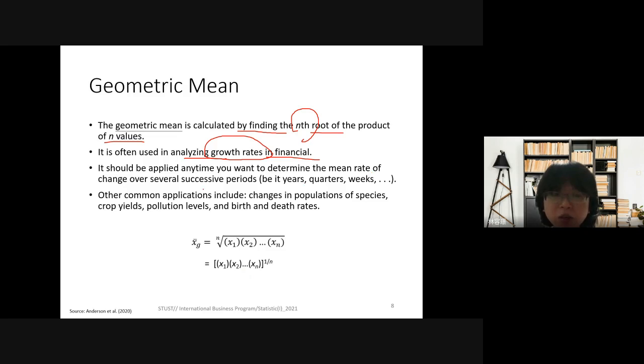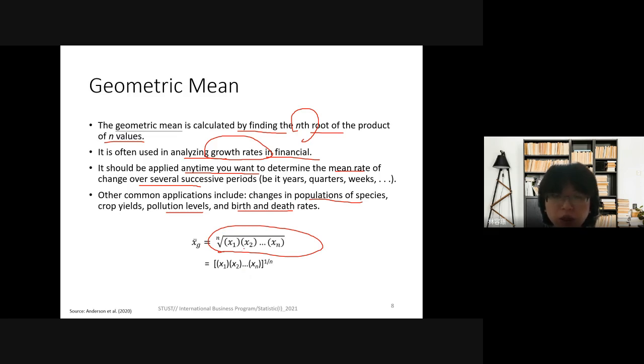It should be applied anytime you want to determine the mean rate of change over several successive periods. It can also be used to calculate changes in population levels or birth or death rates. Usually it is expressed like this: you multiply them and get the root of it.